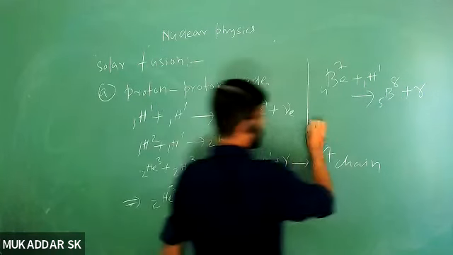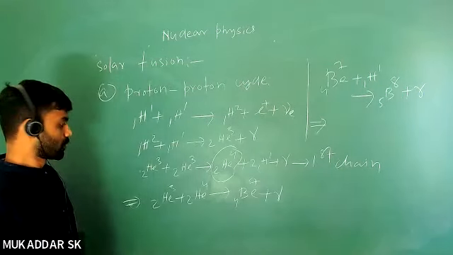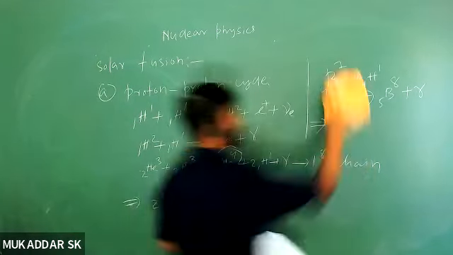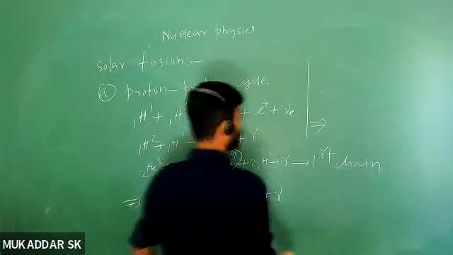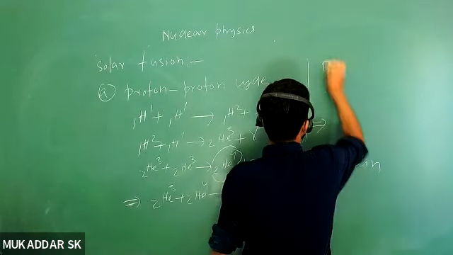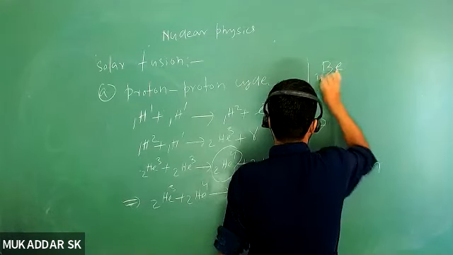Now what will it do? Sorry, there will be a modification. One minute. Now this step will not happen. So you got beryllium 4,7.